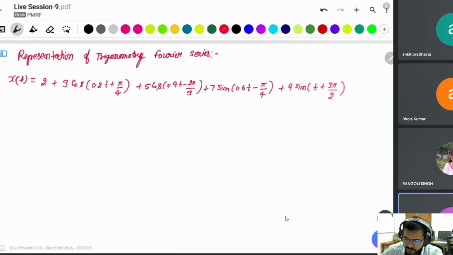This is the signal. You have to plot the phasor diagram, the phasor representation of this signal.